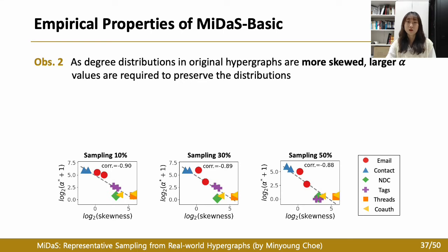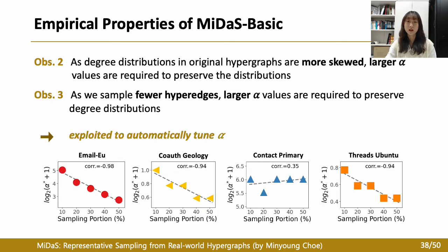Second, we observe that larger alpha values are required to preserve the distributions as degree distributions in original hypergraphs are more skewed. Lastly, we observe that larger alpha values are required to preserve degree distributions as we sample pure hyperedges.